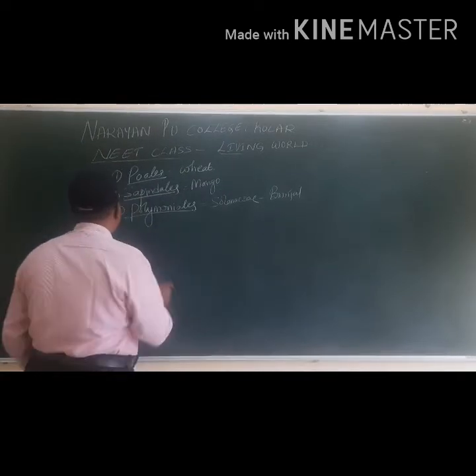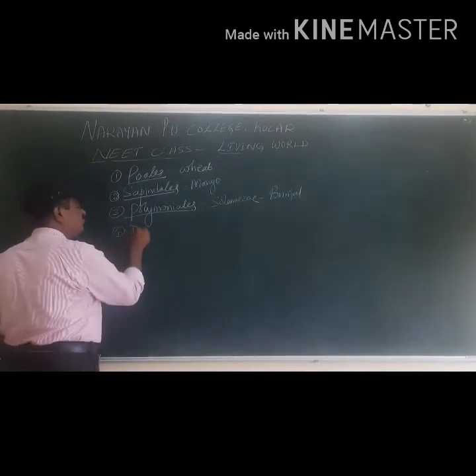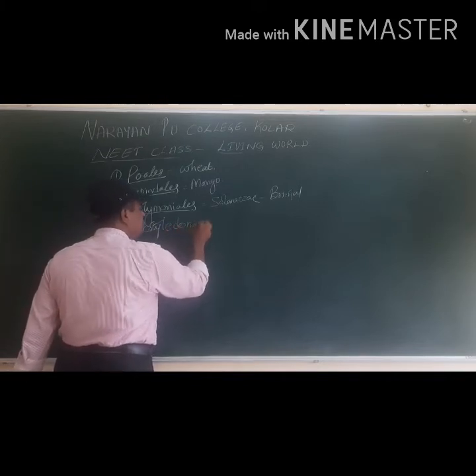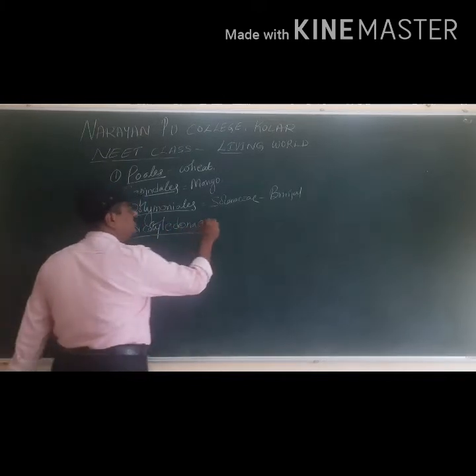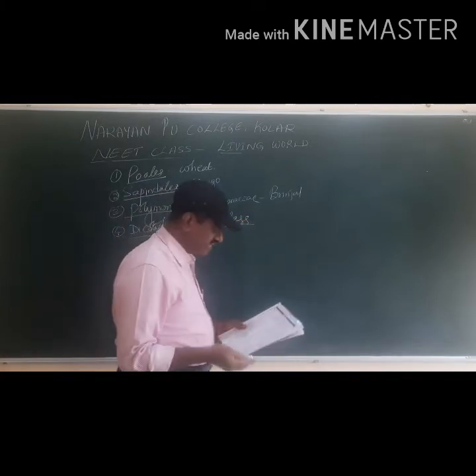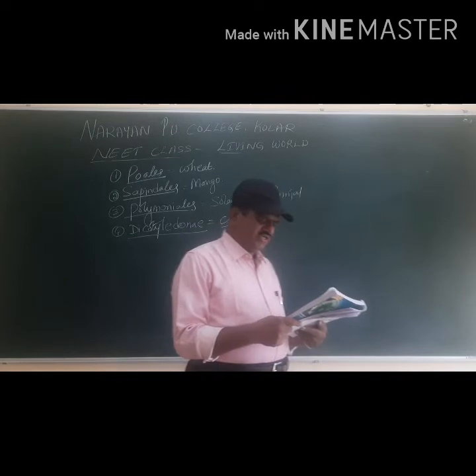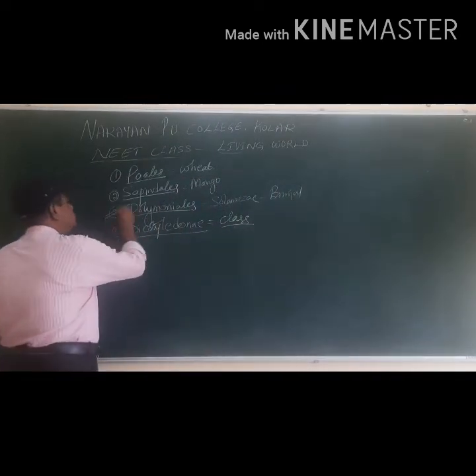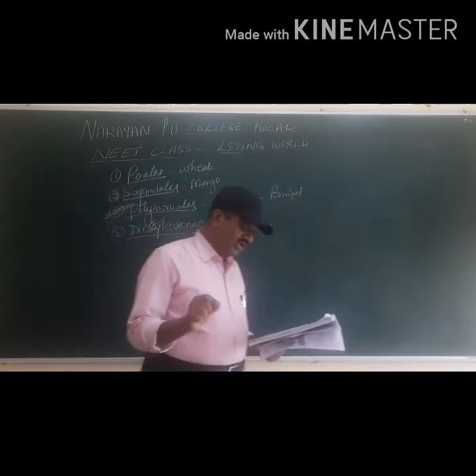Next, Dicotyledon. This is not an order, this is called a class. Dicotyledon is a class which has two cotyledons. So the order of brinjal is Polemoniales. So the right answer is Polemoniales.